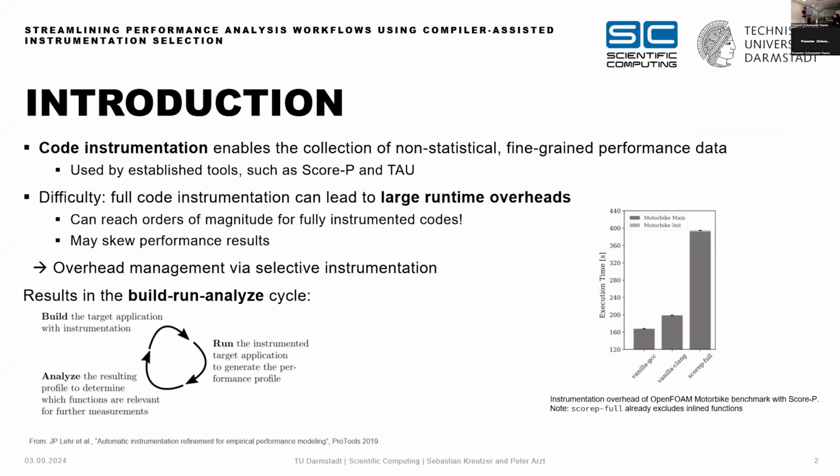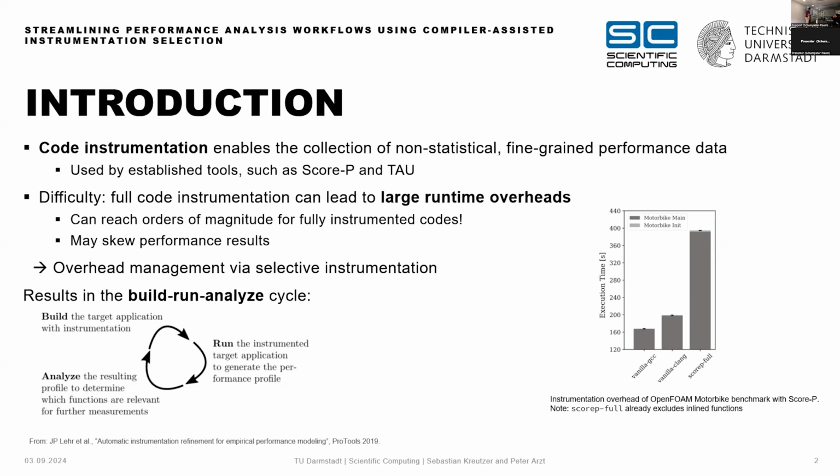The difficulty here is that full code instrumentation can lead to very large overheads if you're not careful. This can reach orders of magnitude for fully instrumented codes, which may skew the performance results. To illustrate this, on the right I have some measurements from my work, where we did some OpenFOAM benchmarking.